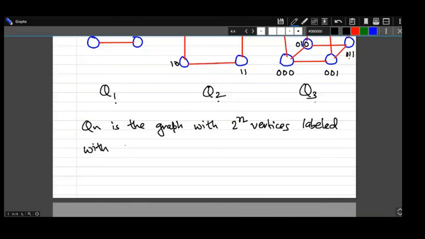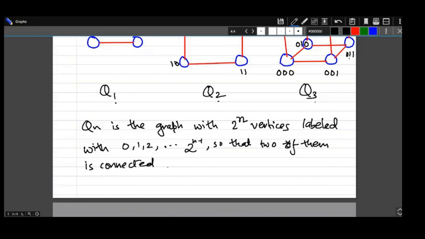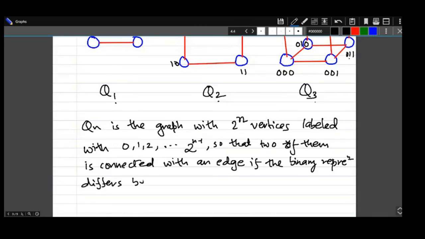Labeled with 0, 1, 2 up to 2 raised to n minus 1, so that let's say two of them are connected with an edge if the binary representation differs by, this is important, exactly 1 bit.